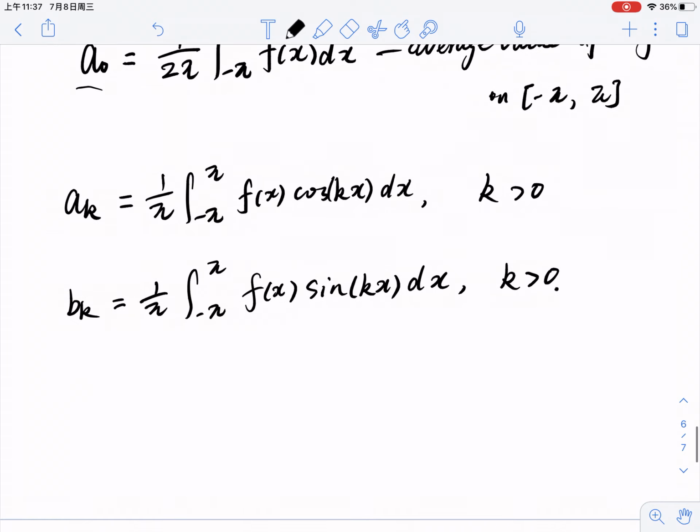So now we look at an example. Find the Fourier polynomials.